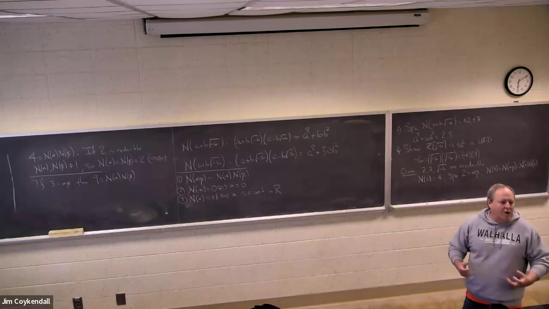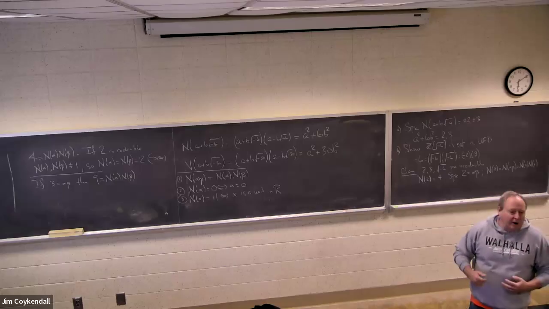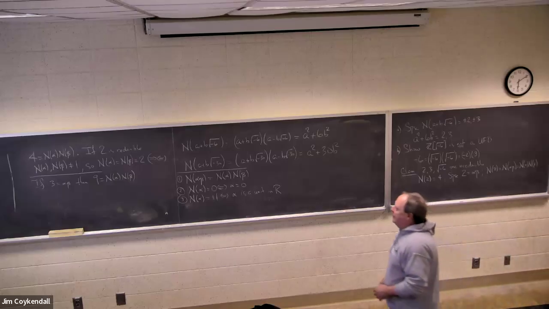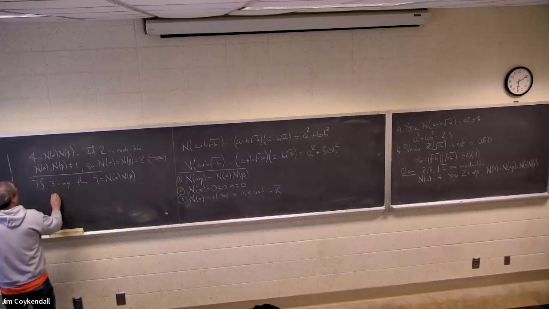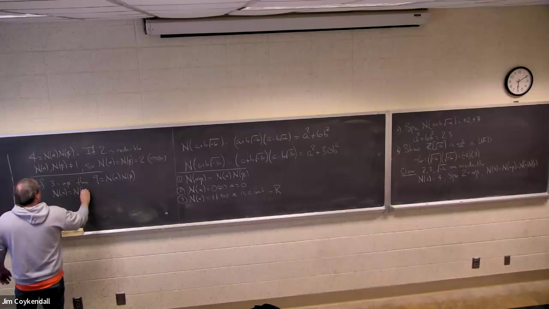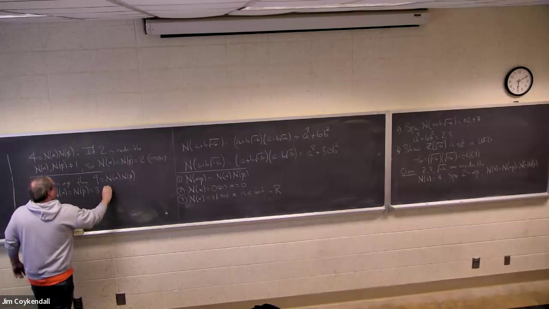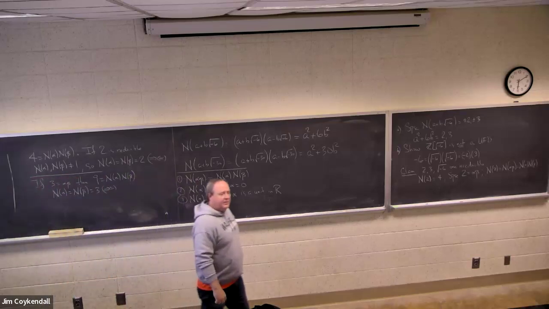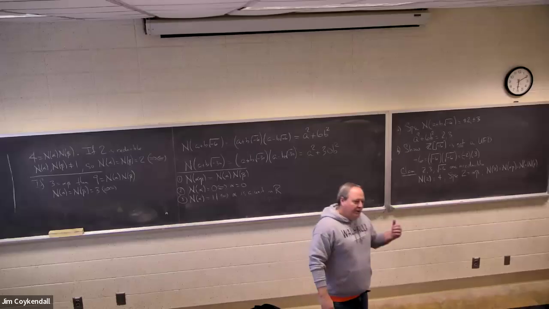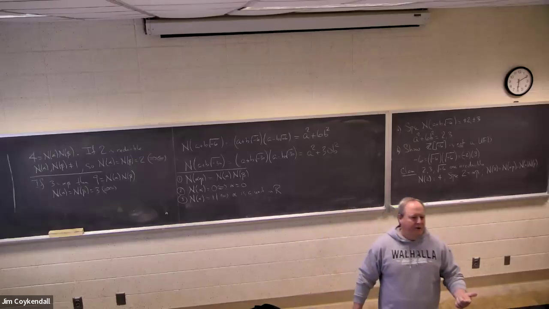Well, neither one of them can be 1 again, because that would mean that it's not reducible. So we also showed there are no elements of norm 3. So, okay. So 2 is irreducible, 3 is irreducible.